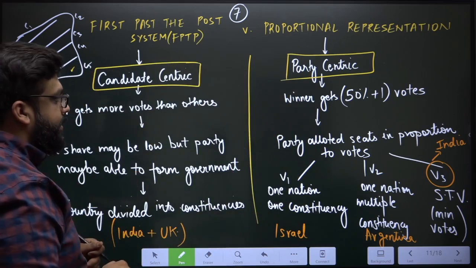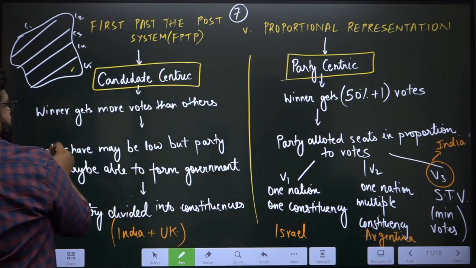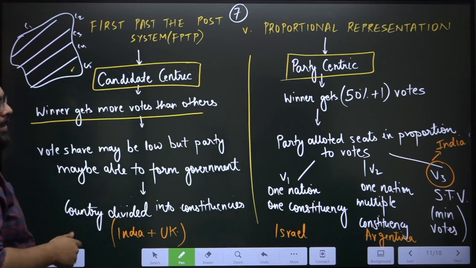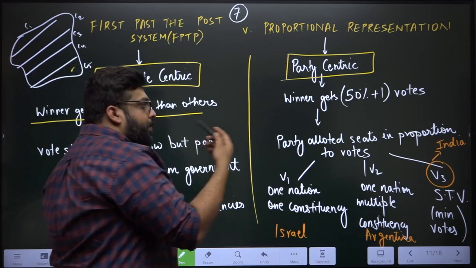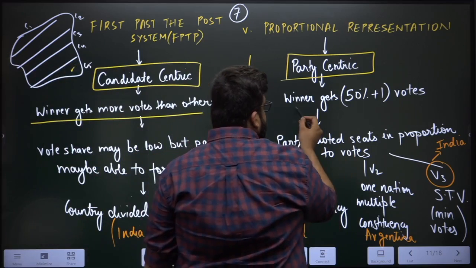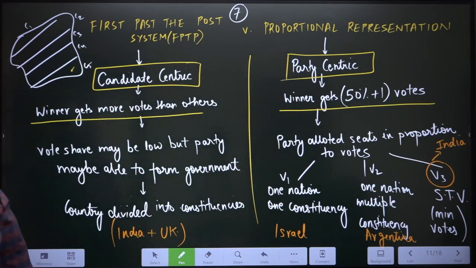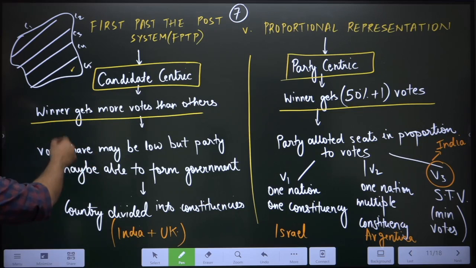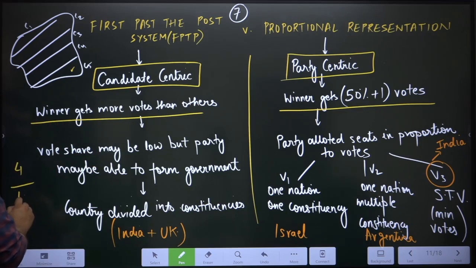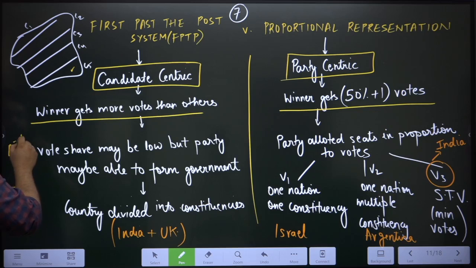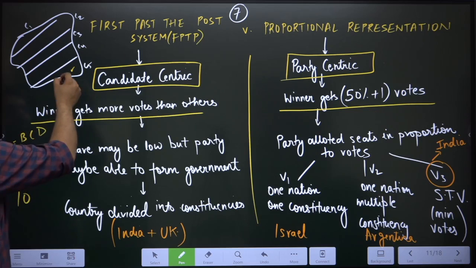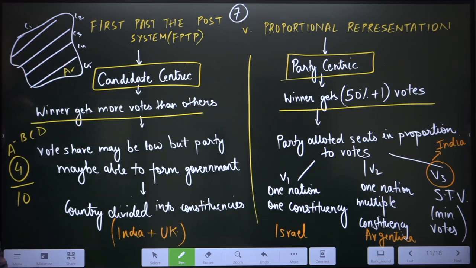That's the basic difference. Now, in a first past the post system, whoever gets more votes than the others, as we were talking about, wins. In a proportional representation, it's usually getting more than 50% votes, getting most of the total votes polled. And of course, this has certain ramifications. As I was telling you, in that case, where A got 4 votes out of 10, but A got more votes than B, C and D, A is still the winner, which means A is going to represent constituency 5.